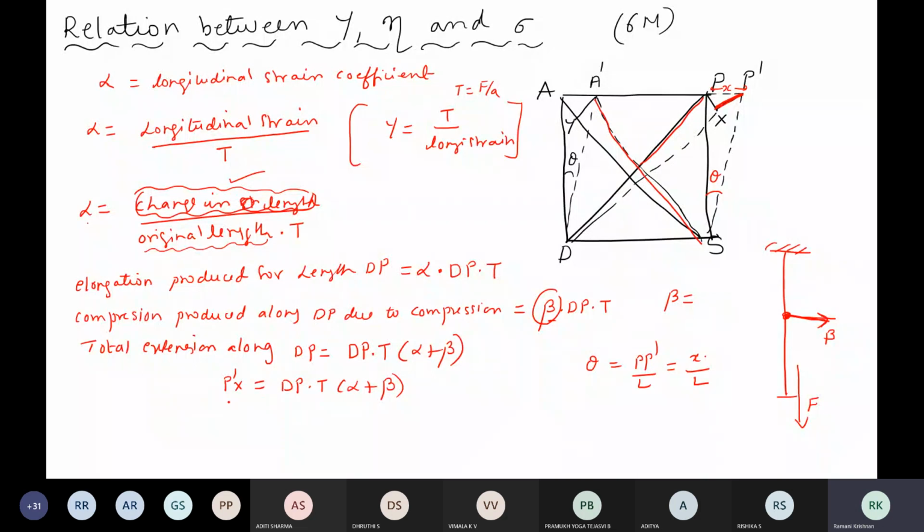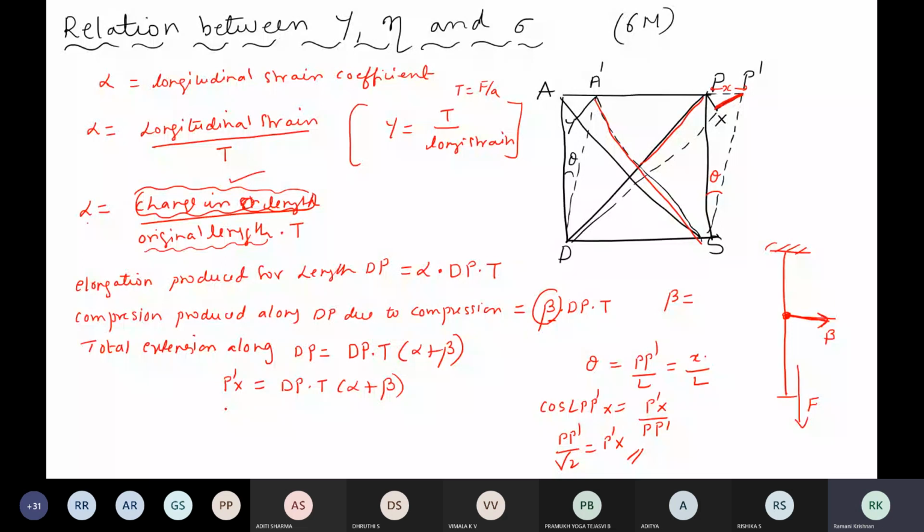Cos of the angle at pp dash x is equal to p dash x by pp dash. So pp dash by root 2 is equal to p dash x. We used this yesterday, right?